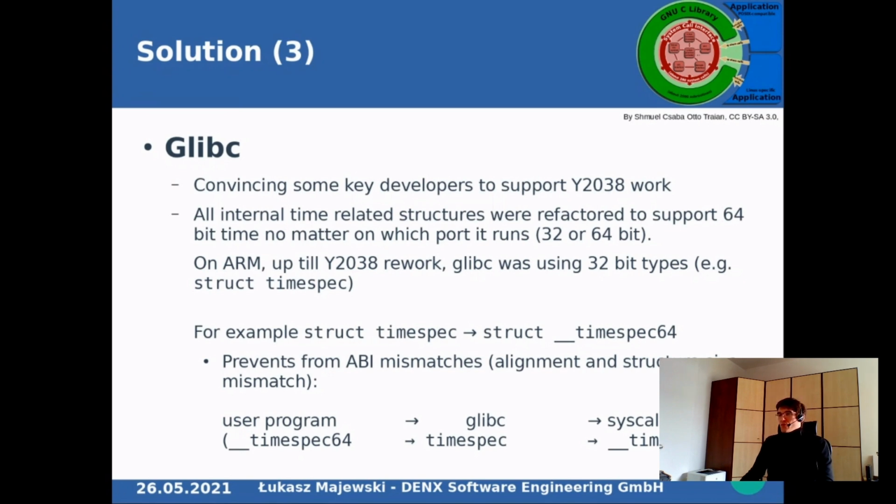So this prevents some ABI mismatches for alignment and size. For example, a user space program uses struct timespec64, glibc would coerce it to struct timespec, which is smaller, and then use that wrong data to issue some syscall. So this is already converted.